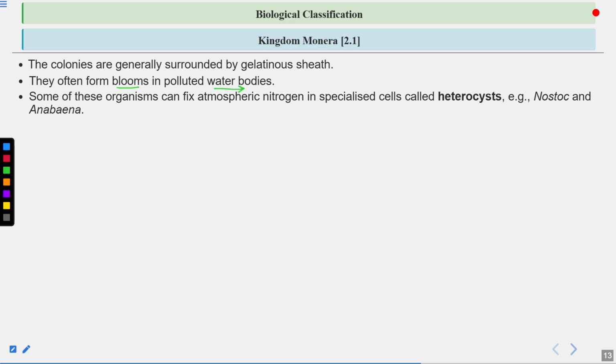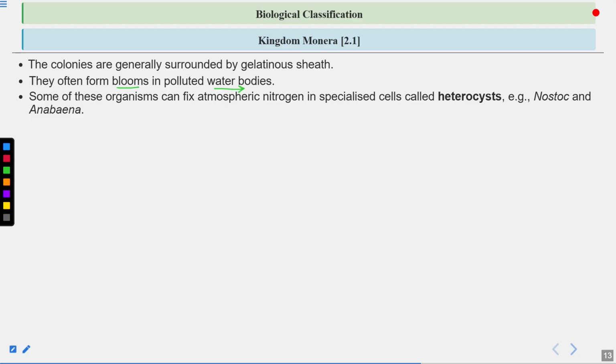So what does this mean? They form algal blooms in polluted water bodies. What happens? Due to excessive nutrients, especially nitrogen and phosphorus, there is extensive growth of the algae. This is known as algal bloom. Now, as the algae die, a lot of organic matter accumulates, and this algae will decompose, and for decomposition oxygen is required.